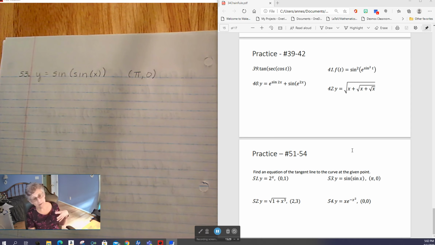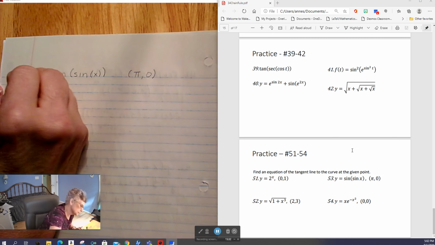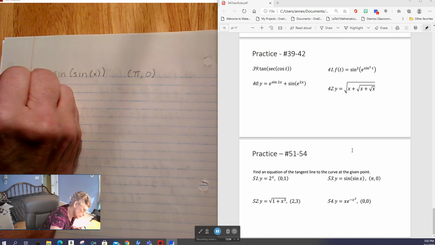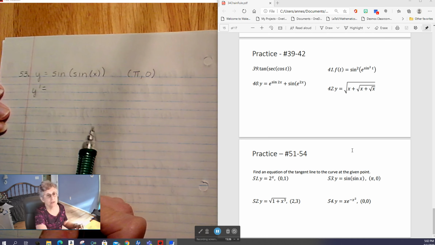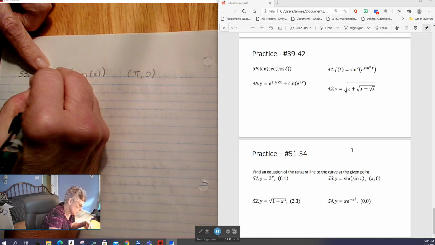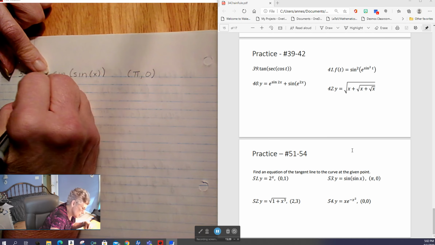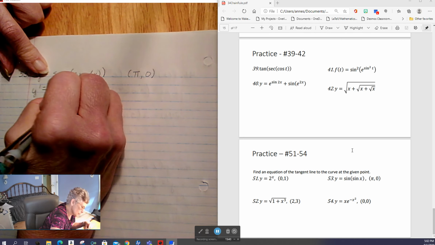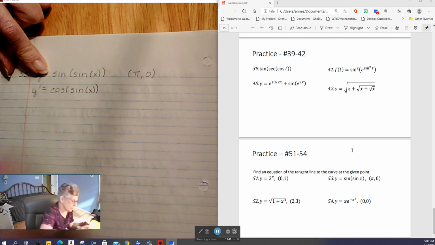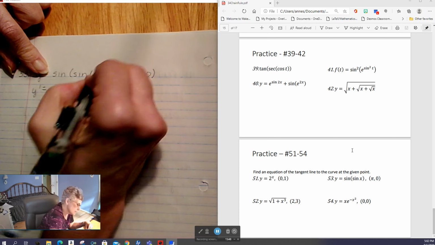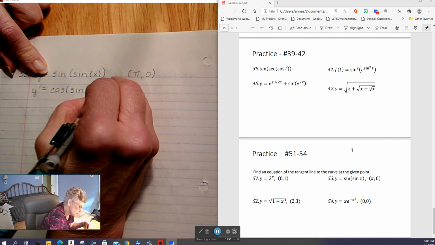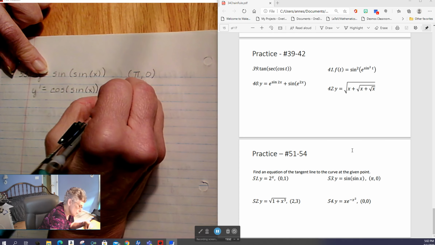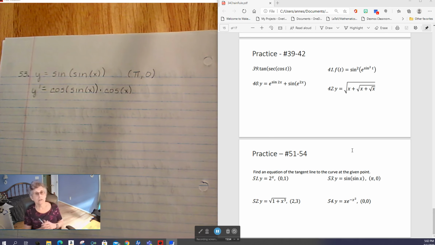So we got our point, we need our slope. Outside function is sine. So the derivative of sine is cosine of sine of x times derivative of the inside, which is cosine of x.